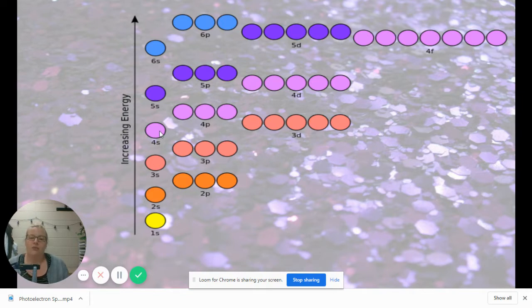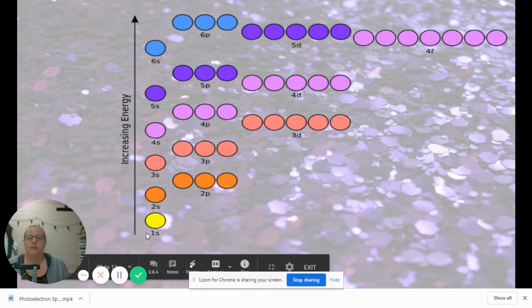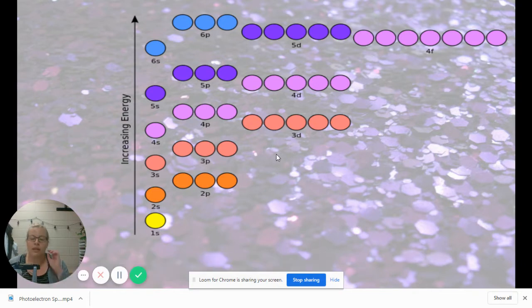And then if you think about this diagram as down here below the 1s is the nucleus, you end up having a situation where once you get into different types of shells that are further and further away from the nucleus, there's kind of this weird intermingling that happens. So even though there is a 3 in front of this 3d shell, it doesn't mean that you get the 3s shell, then the 3p shell, and then the 3d shell.